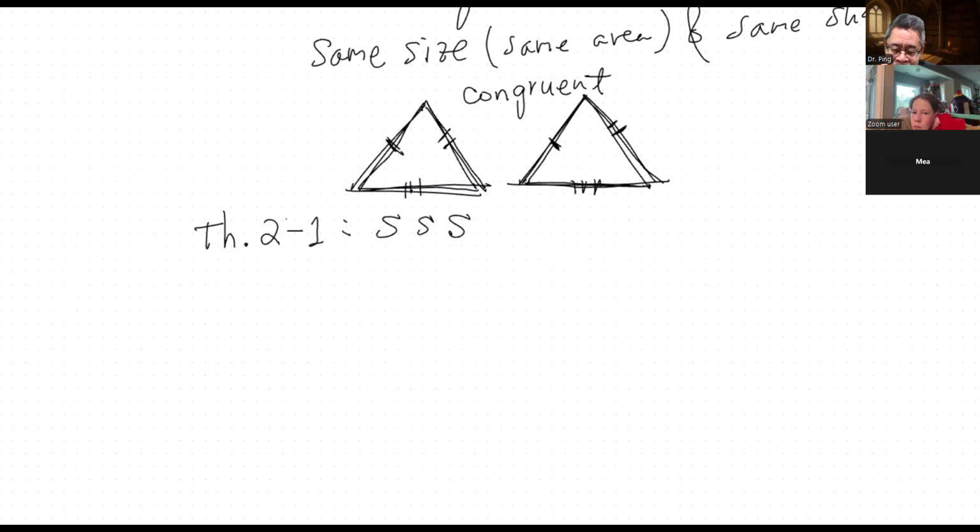As long as the three corresponding sides have equal lengths, we know they are congruent. So this is called the side theorem.